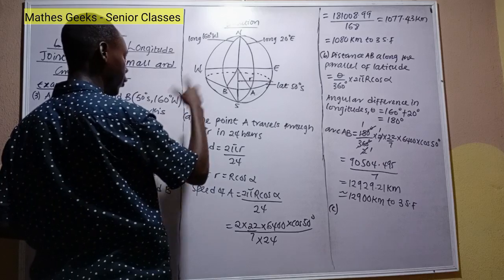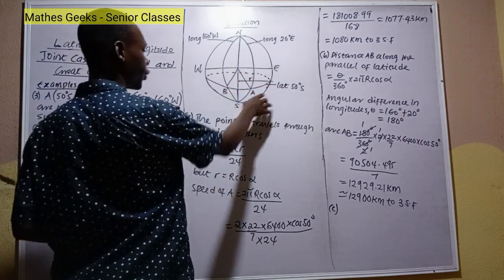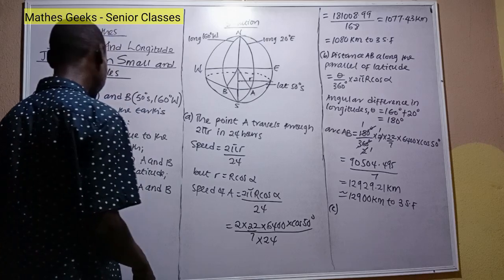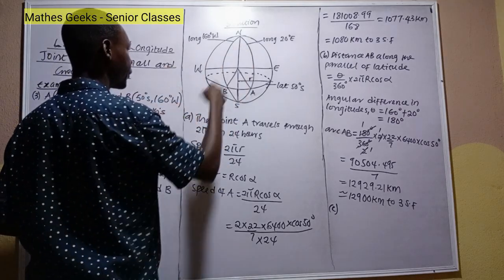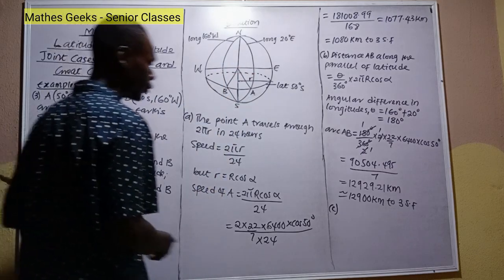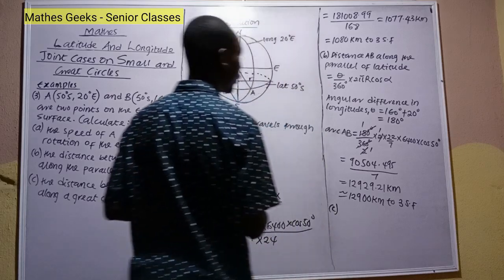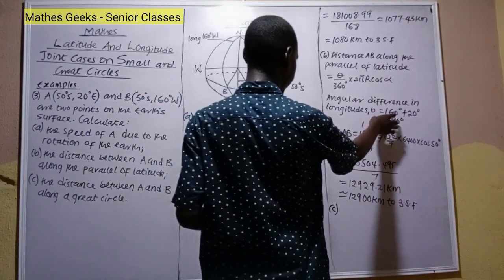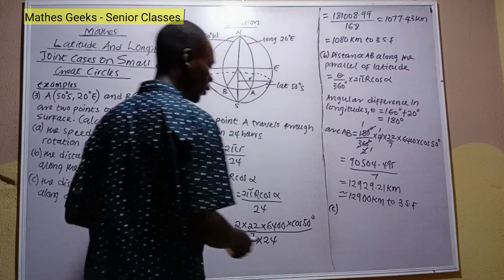Along a small circle, or the parallel of latitude, means it's measured along the parallel of latitude. But along a great circle means either it's measured from the equator, or the two points lie on the same longitude. So let's look at our angular difference here. Take note, the difference in longitude was 180 degrees.